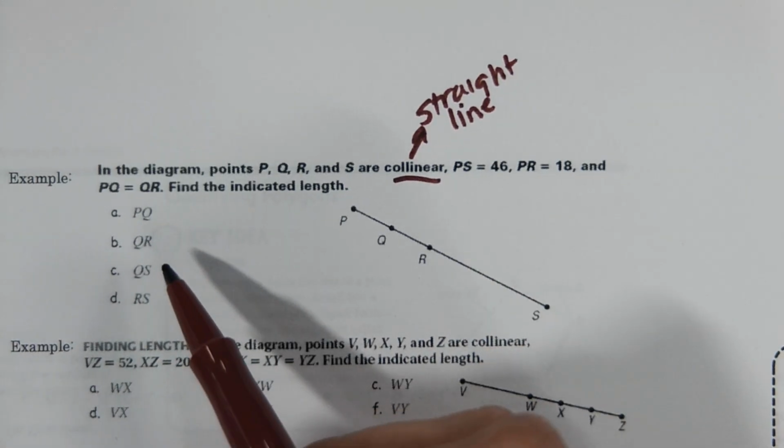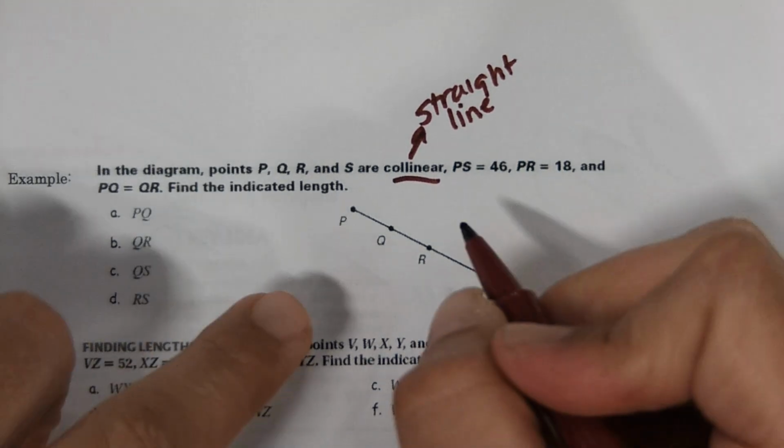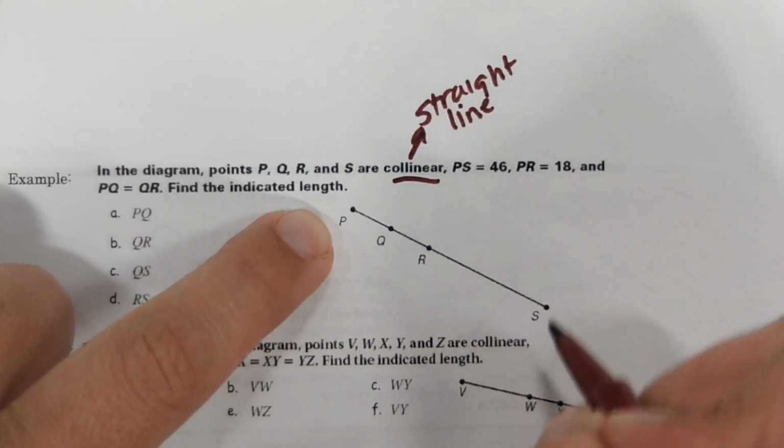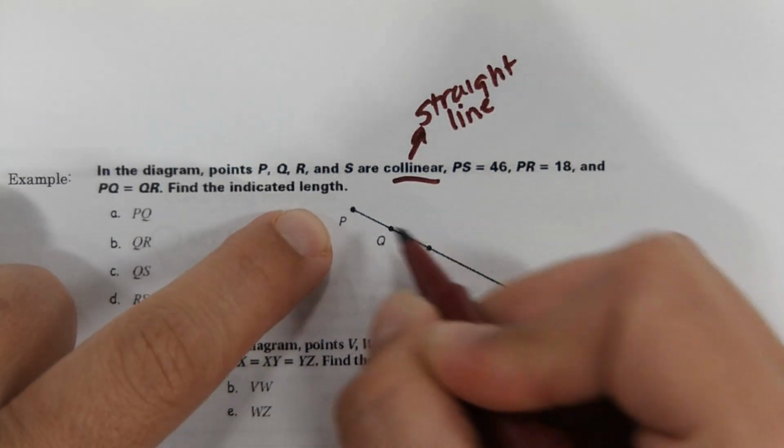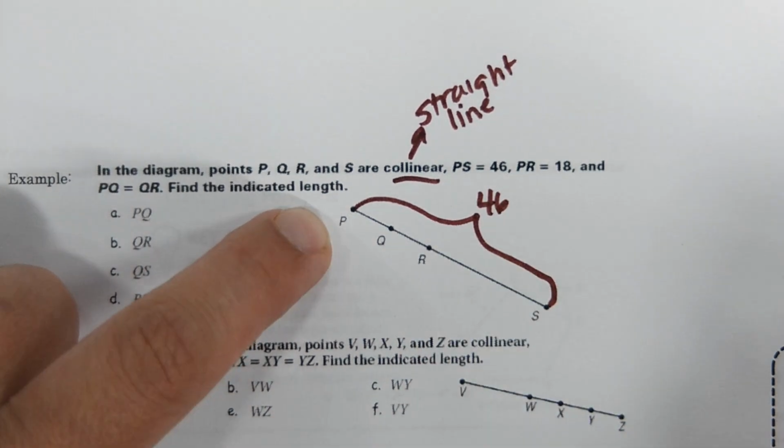And then it's asking for lengths of different segments. So we'll just take it one step at a time. Okay, so it says that PS is 46. So the first thing we're going to do is just label that P to S. So this whole thing is 46 units long.